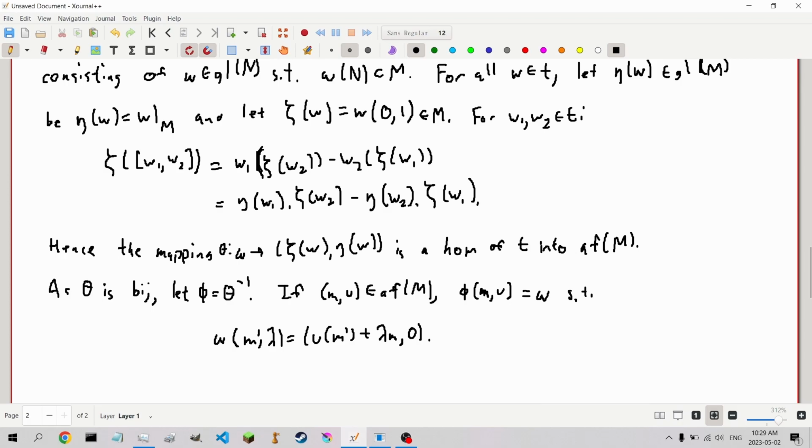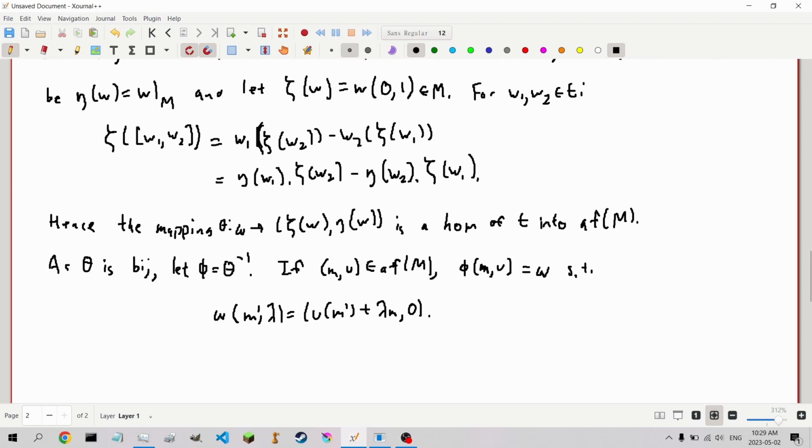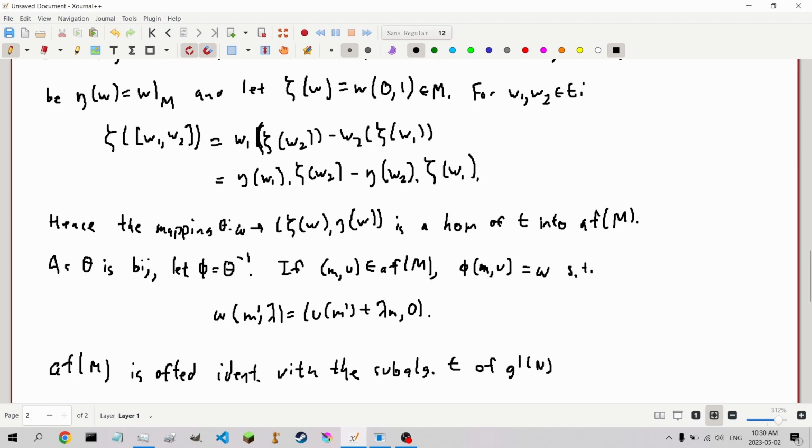So these halves have to work in the way you would expect. There's a note here that the affine algebra of M is often identified with the subalgebra T of the general linear Lie algebra of N under this theta.